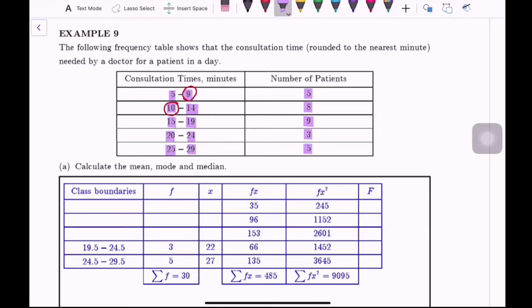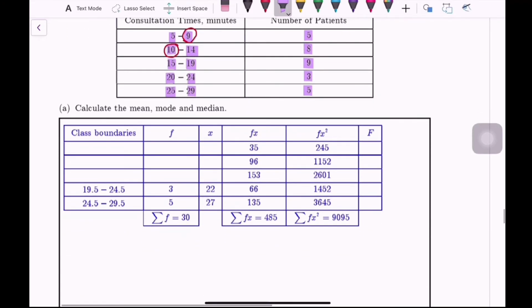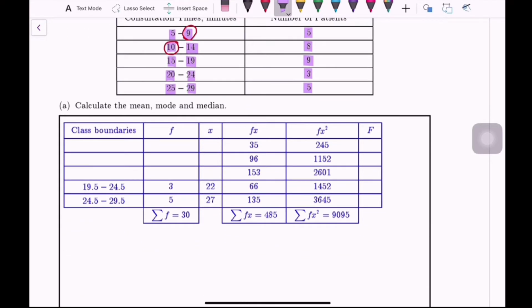So here, to determine the mean, mode, and median, first we find the class boundary. The class boundary is determined by finding the midpoint of the upper limit of one class and the lower limit of the next class. So the midpoint that we have is 9.5. For the next values, 14 and 15, the midpoint is 14.5.